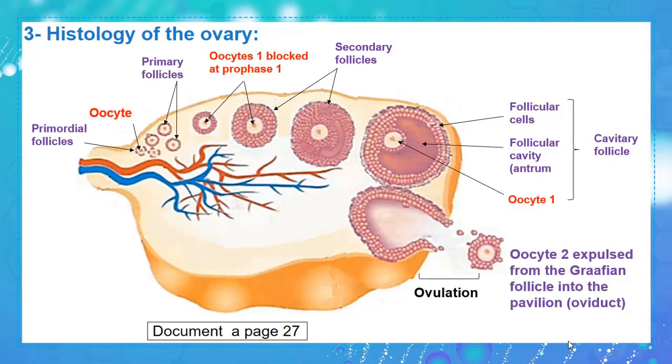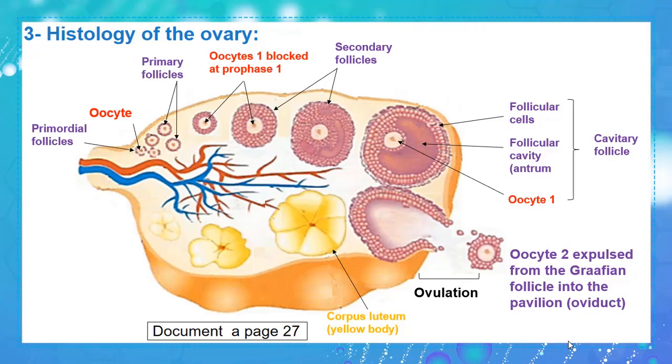This mature follicle is called the Graafian follicle. Then the ruptured follicle will transform into a functional structure called corpus luteum or yellow body that continues its transformation into a non-functional structure called the corpus albicans or white body.